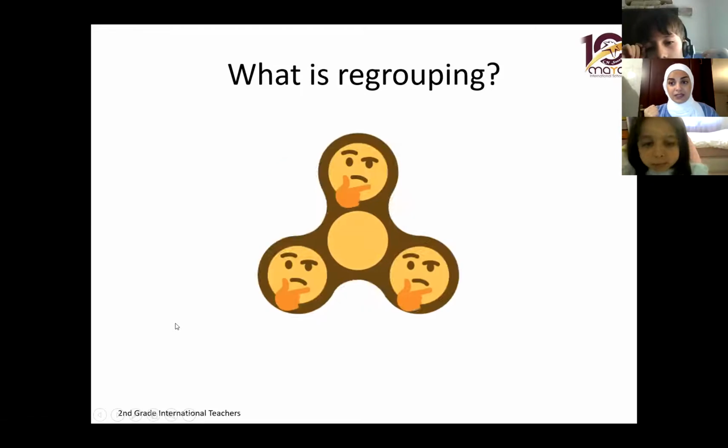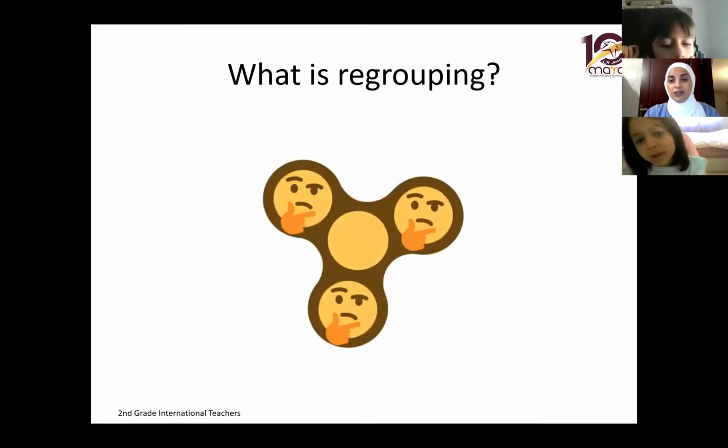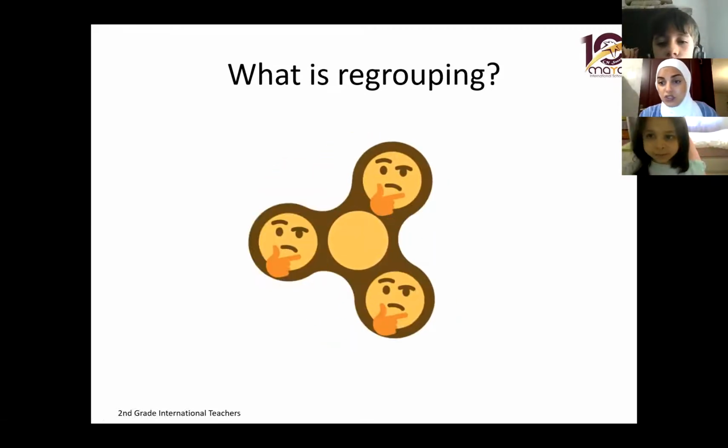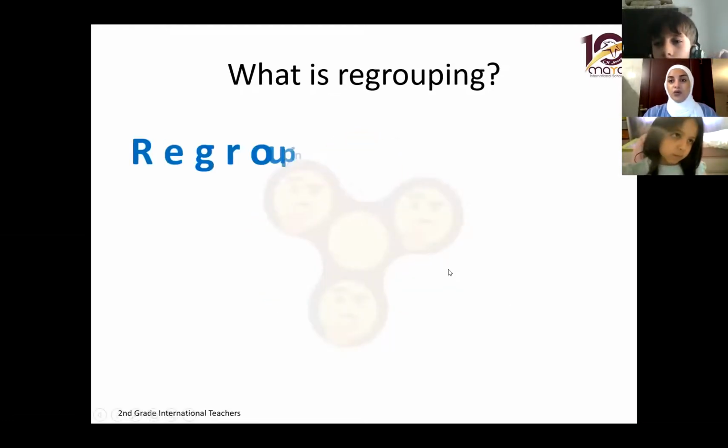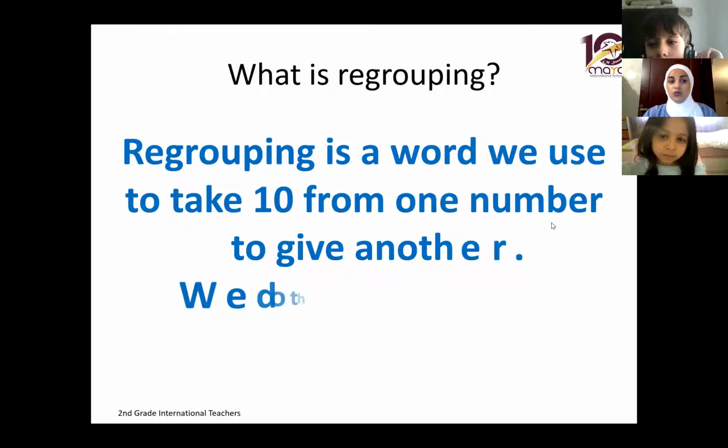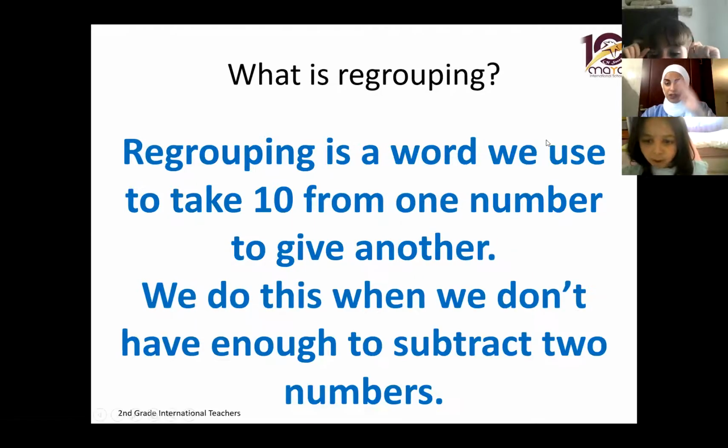I explained it without showing you anything. Now I'm going to show you pictures. Regrouping is a word that we use to take 10 from one number to give another. In subtraction, we go next door to take 10. When we take 10, we make this number smaller. We do this when we don't have enough to subtract two numbers.